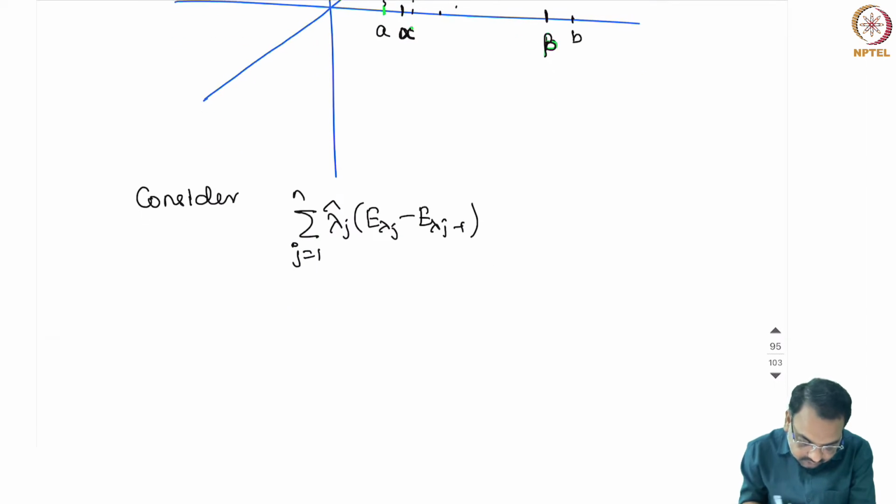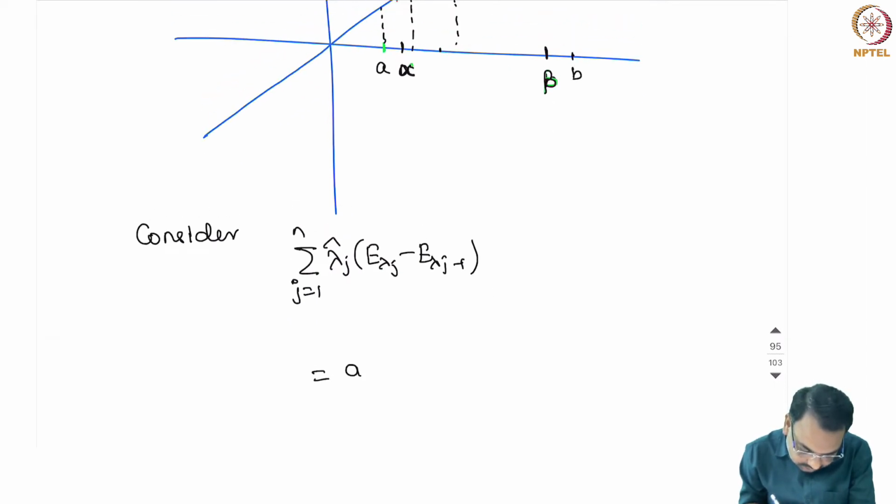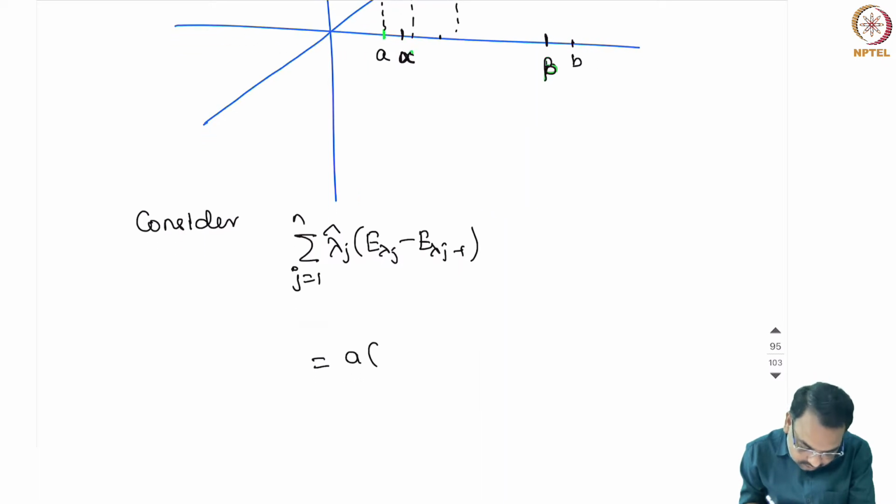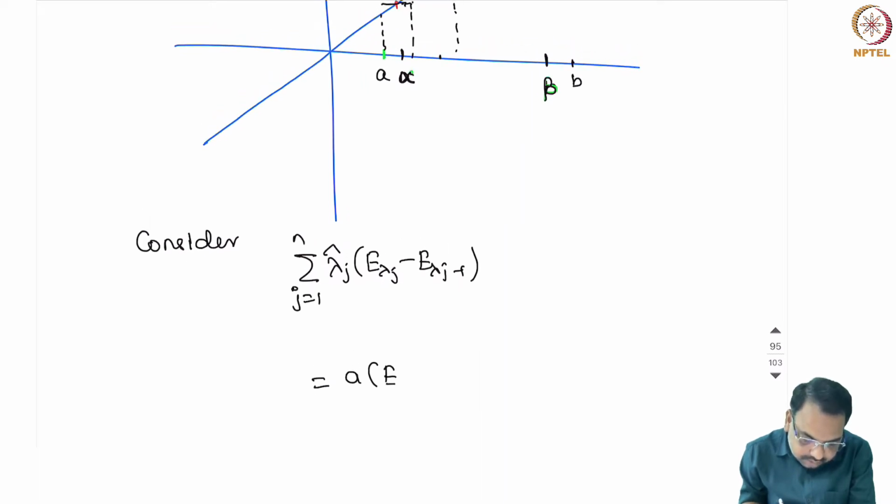So the first term, we can take lambda 1 hat as A, into E alpha minus EA, plus lambda 2 hat times E lambda 2 minus E lambda 1.